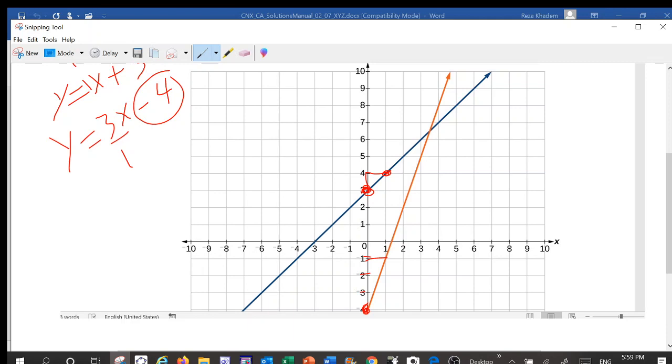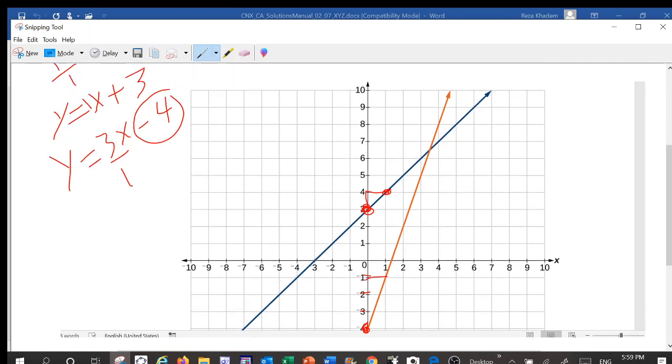Now notice that they intersect at a point. What point do they intersect at? Well, to find the point of intersection, you have to set them equal to each other. So x plus 3 equals 3x minus 4, and then move the x's to one side.